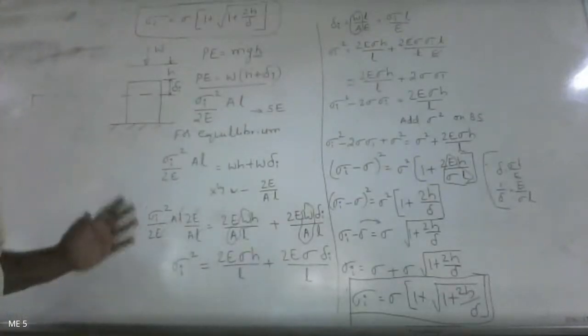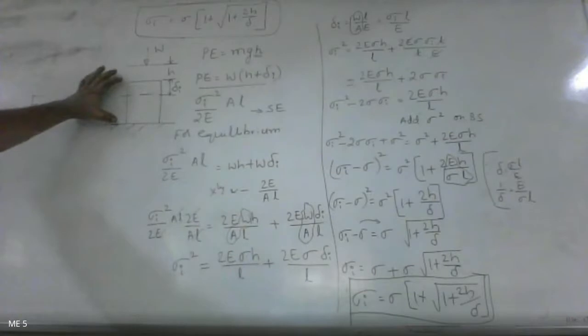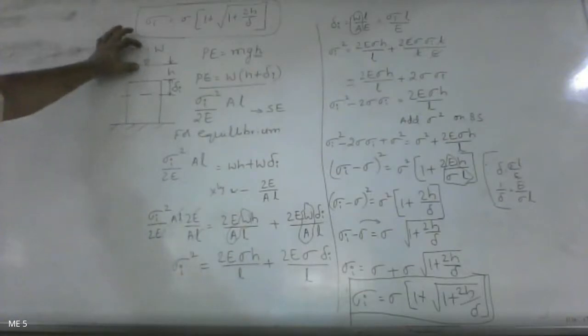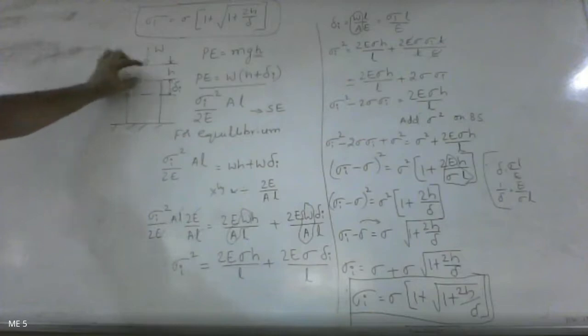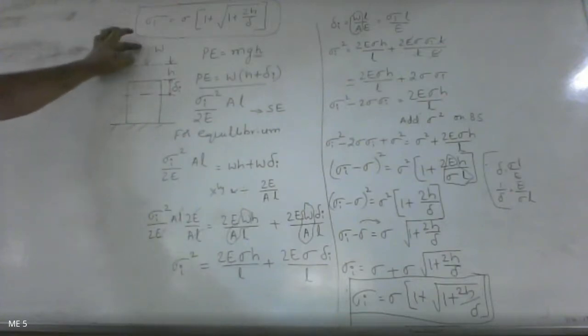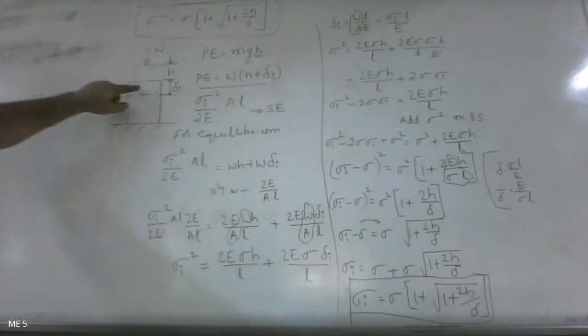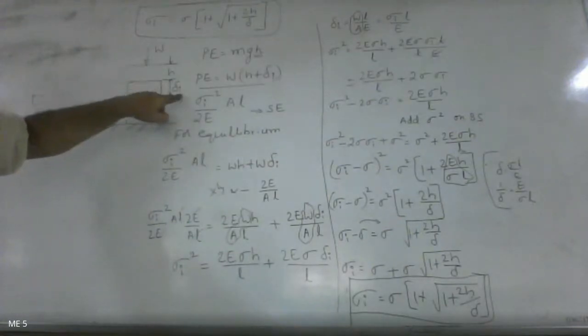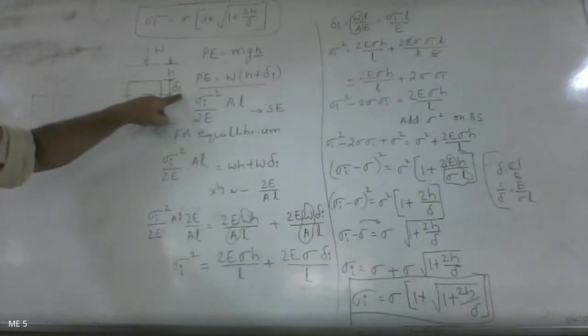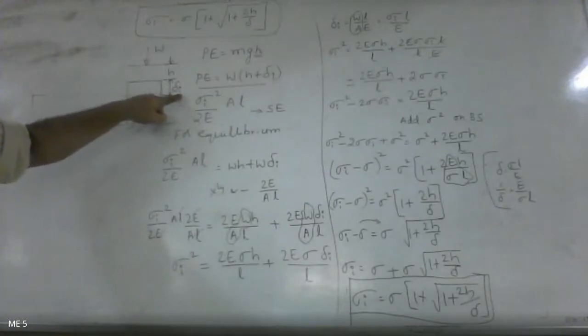So what did I do here? Please see here, before noting down, I have taken a member. I have taken load W, which will be impacted onto the member through a height h. Because of this height difference, there is going to be velocity for the load, which will be applied onto this member. So because of the applied load at velocity, there is going to be deformation, and it is called delta I, and that is called impact deformation due to impact.